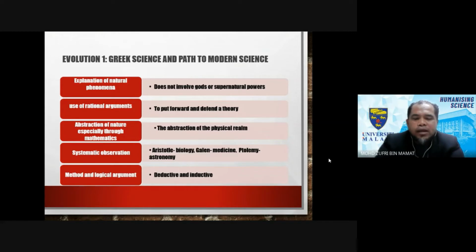Number two, the use of rational argument in order to put forward and defend a theory. For example, Anaximenes criticized Thales, who proposed that the origin of everything is water. We can also see this in the case of Parmenides and Zeno, who proposed that change is impossible.